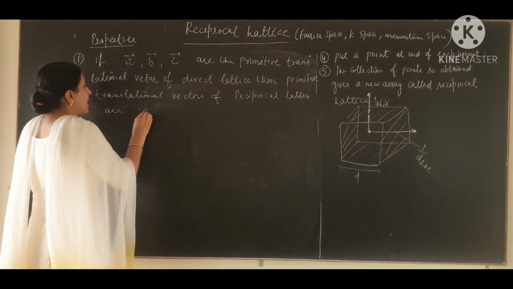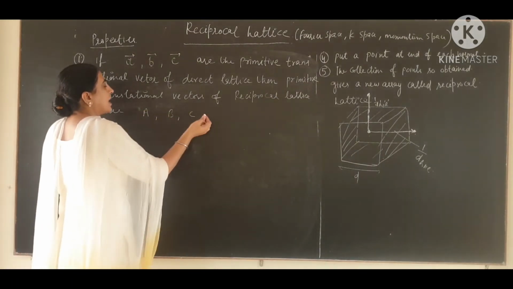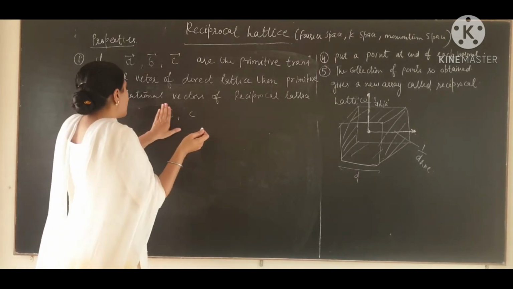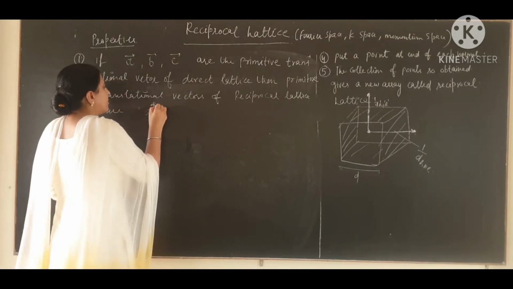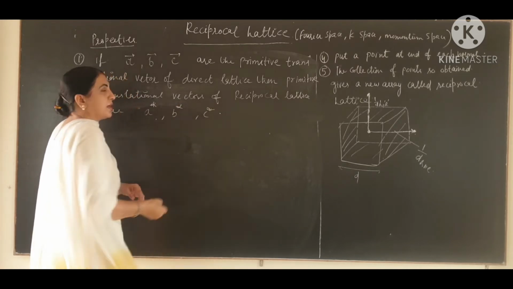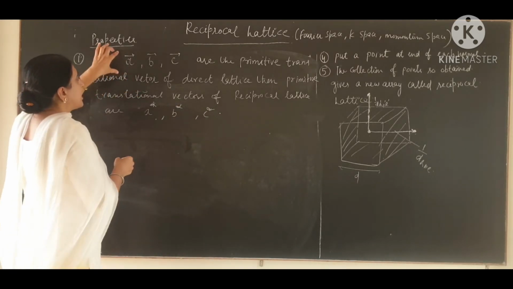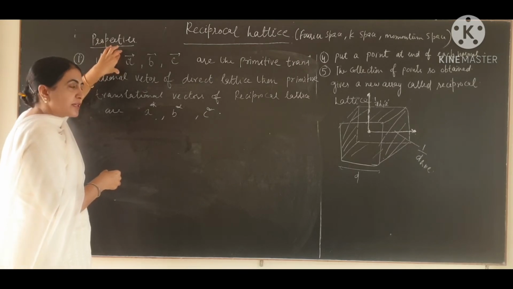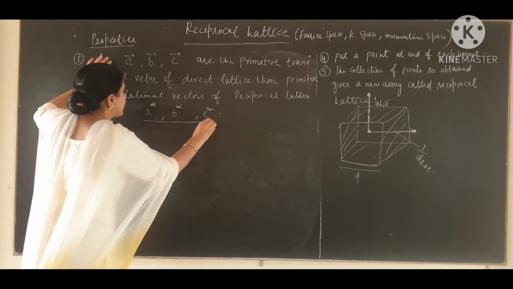So I take a star, b star, c star. So a, b, c are the lattice parameters, primitive translation vectors, and for the reciprocal lattice we take this.